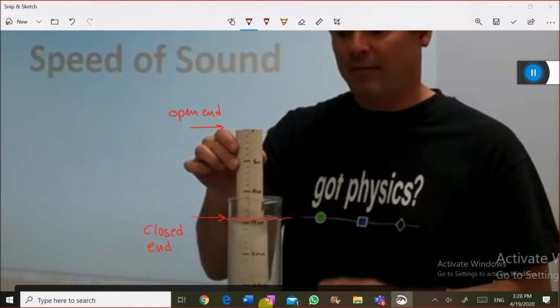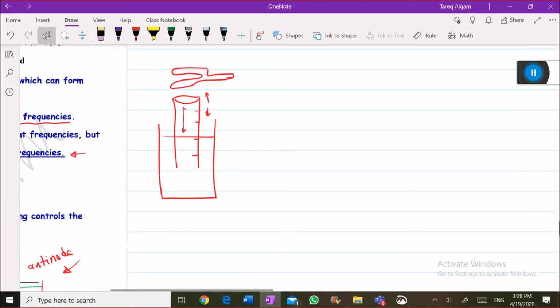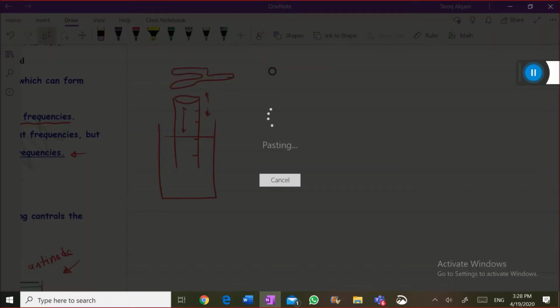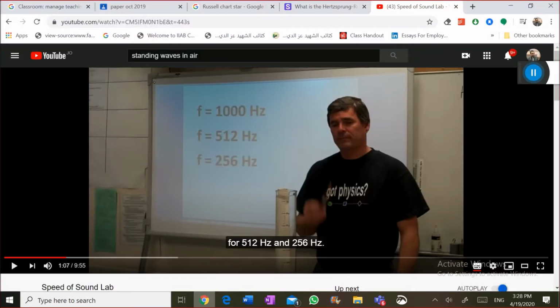Okay, clear? Now look at how the sound wave will be produced here. Okay, listen now.